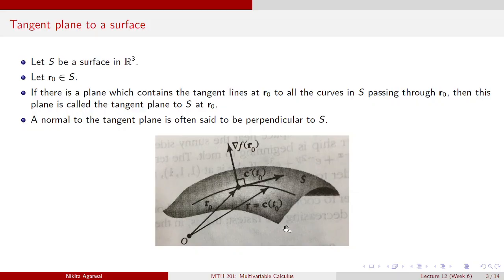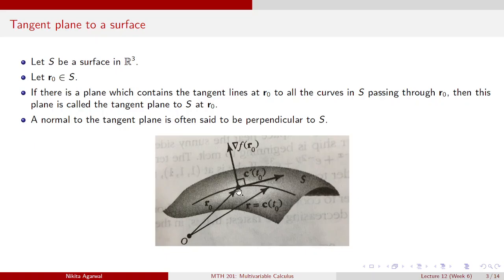Suppose the surface S that you see in the picture is a level surface of some function f. Now you take this curve C(t) on the surface passing through the point R0.